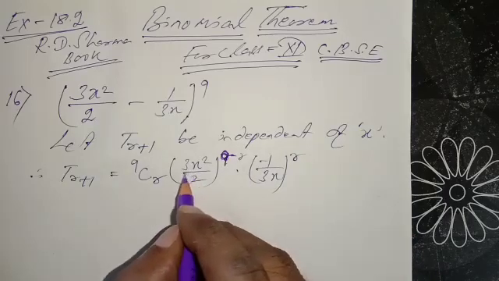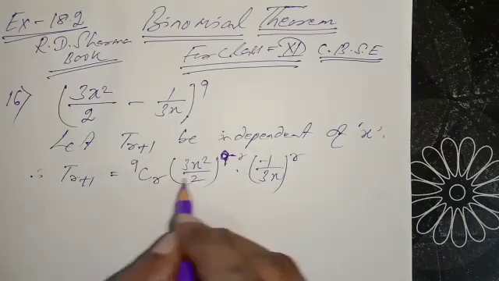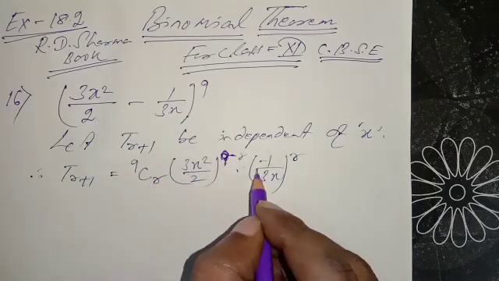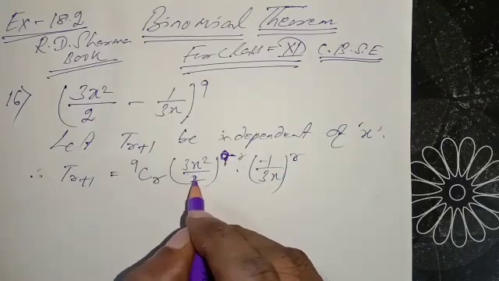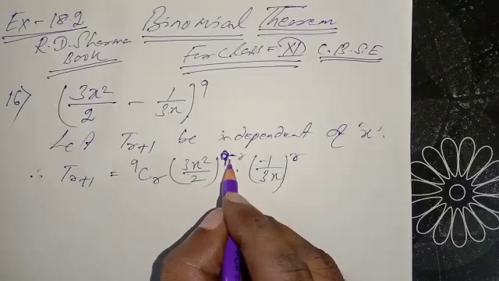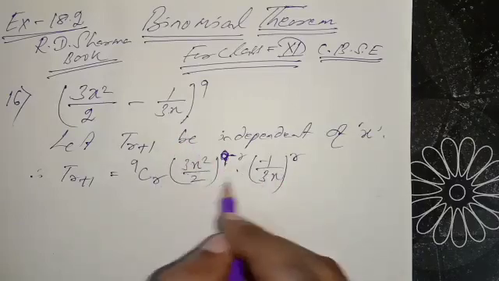As per the formula nCr a^(n−r) b^r, here the first term a is 3x²/2, and its power will be 9 minus r. The second one's power will be r.